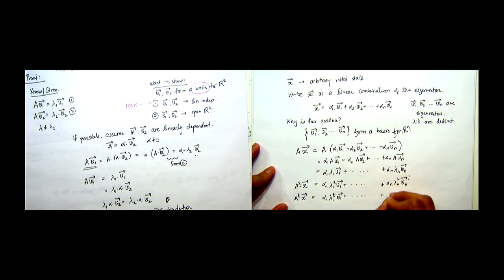I'm going to get alpha 1 lambda 1 squared times V1, right? What happens if I apply A t times? Alpha 1 lambda 1 to the t V1 plus ... plus alpha n lambda n to the t Vn.